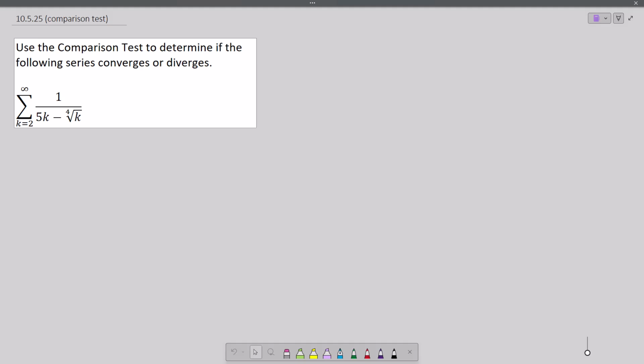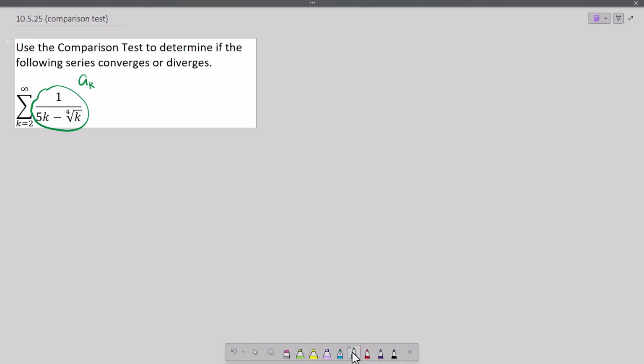Comparison test. Okay, so we're looking at that thing. When we use the comparison test, we have to build a series, and we usually call it B sub k. The series that we're analyzing is called A sub k. We construct B sub k typically by getting rid of parts of A sub k that are insignificant, or at least less significant.